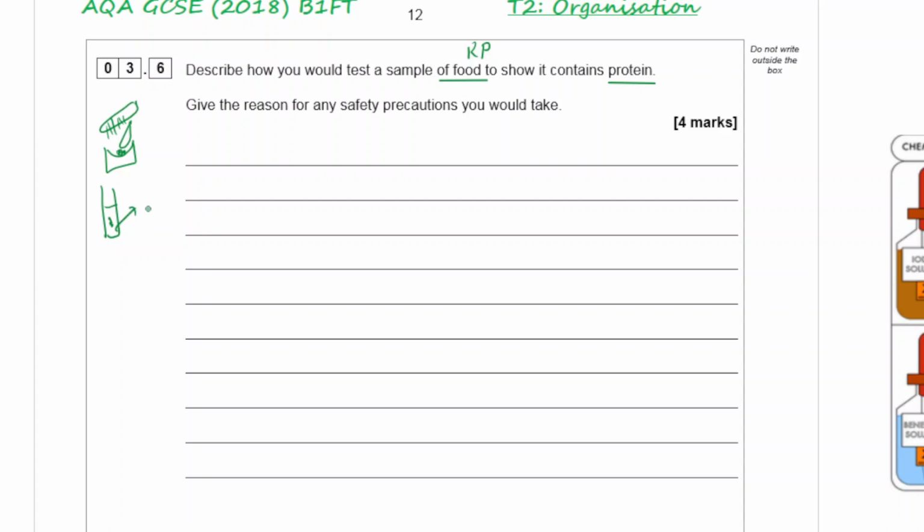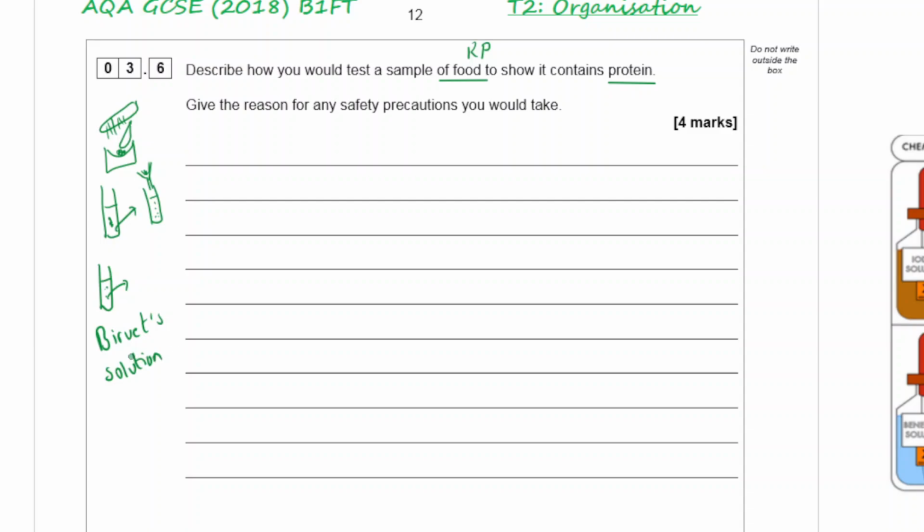You could filter it. That way you will remove a whole lot of the bits and pieces from there, right? To remove all the unwanted pieces. Once you get a liquid which is coming from the crushed piece of sausage, then you would add Biuret solution.